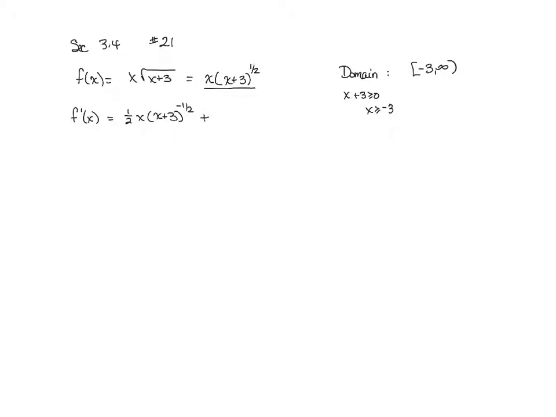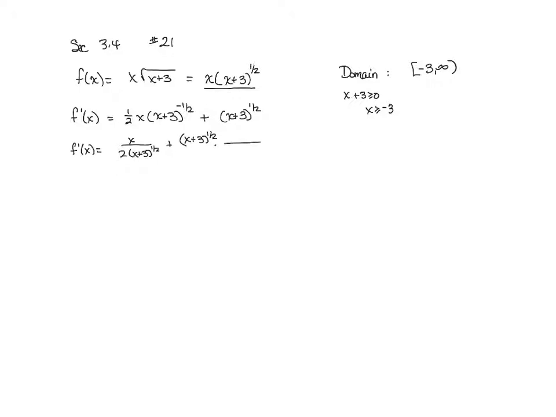Plus the second times the derivative of the first. The derivative of the first is just 1. So I'm going to have x plus 3 to the 1/2. And I want to simplify this a bit. So I'm going to have x over 2 times x plus 3 to the 1/2 plus x plus 3 to the 1/2.